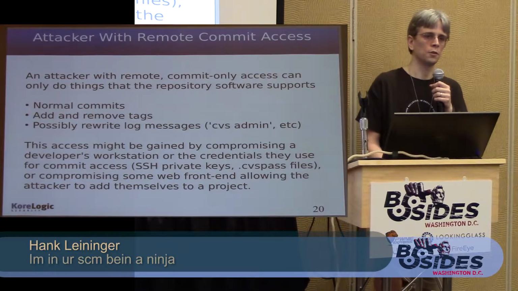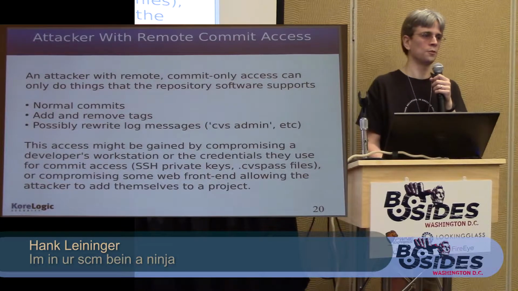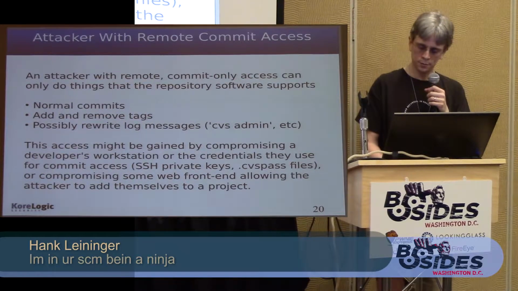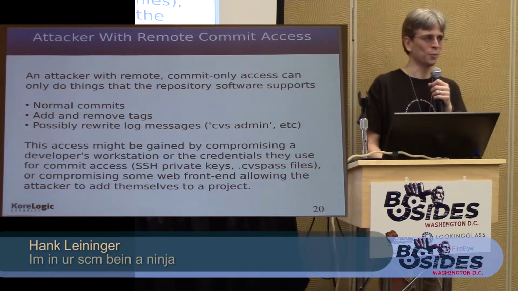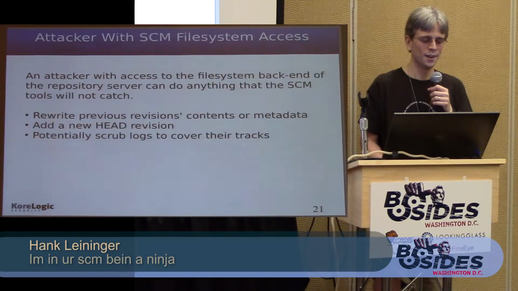So if you were, let's say, running a vulnerable version of Ruby on Rails and somebody used that to compromise your repository and add themselves as an allowed committer, not that that's happened. Anybody remember what I'm talking about? Okay, I'll dwell on it more later.